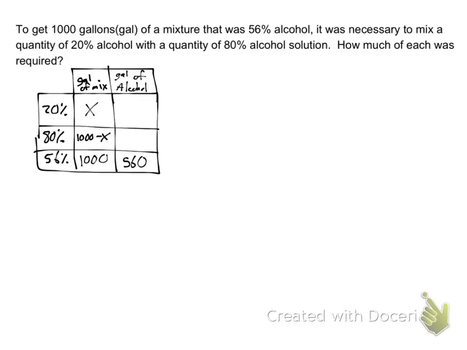Now, here we go. I'm going to write the rules down. You can multiply across, like I already said, right? X, 1,000 minus X, and 1,000. How are they all related then?